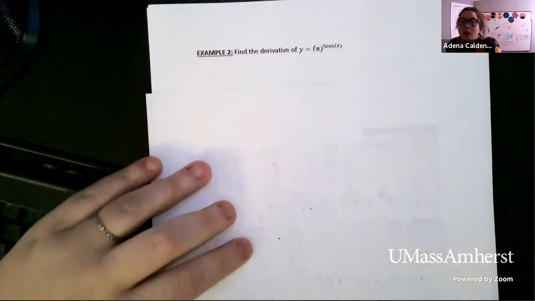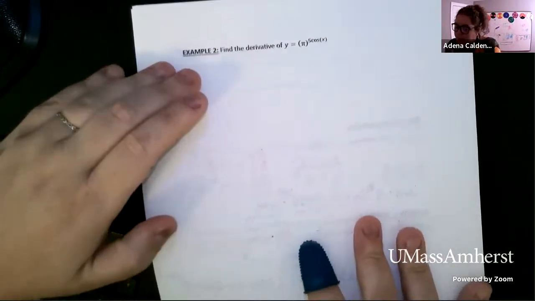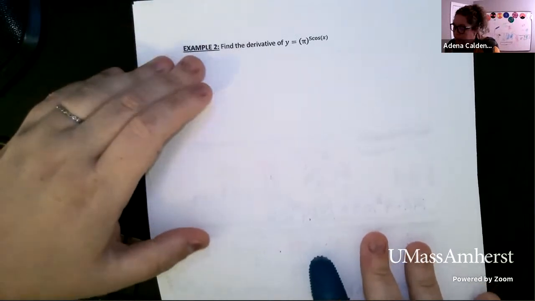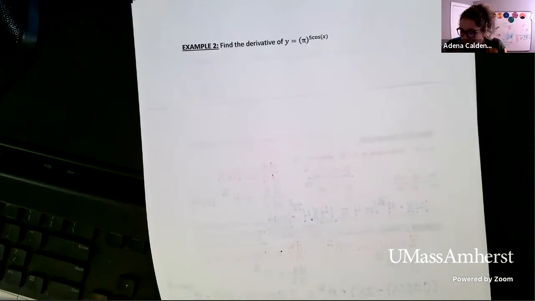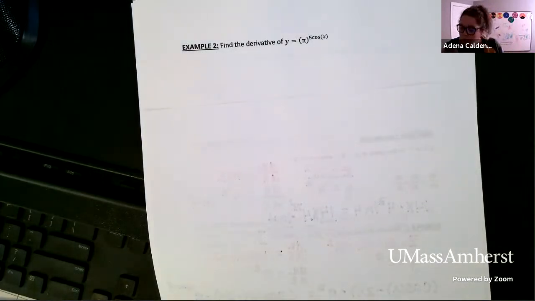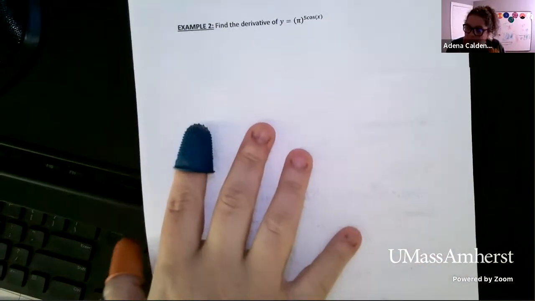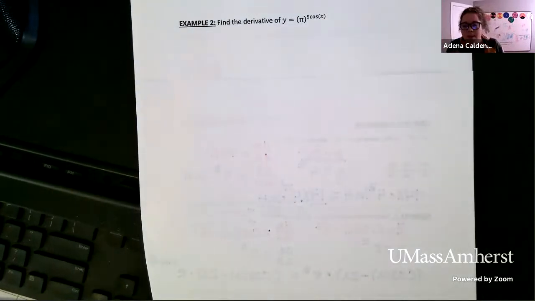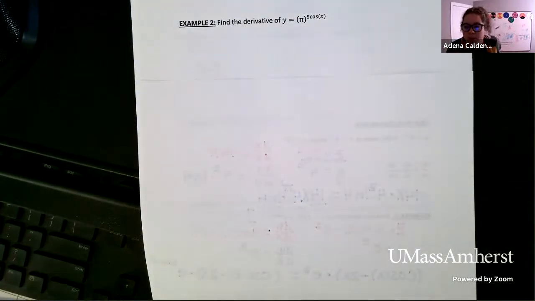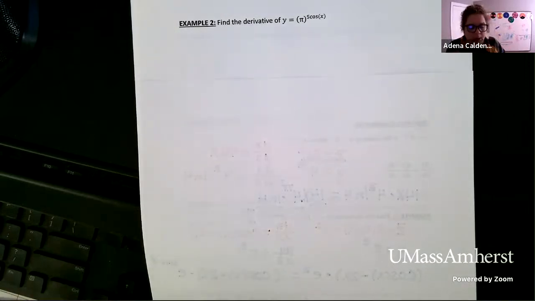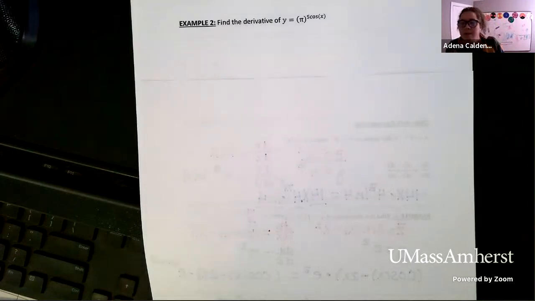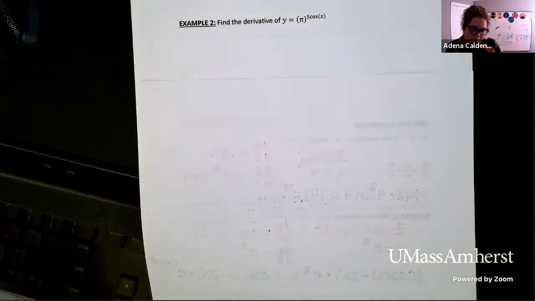So we have pi to the 5 cos x. You can either use a substitution or you can reason through the exponential form. But I'd like you to take 2 minutes and see if you can think about what the derivative might be. And again, we know it's exponential because the variable is up in the power. Okay, so take 2 minutes and then we'll go through it together.